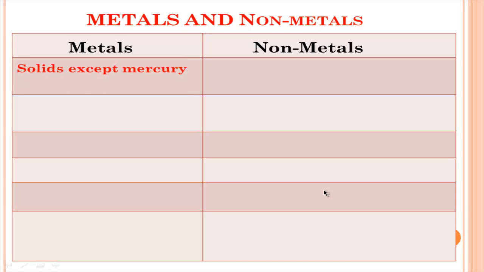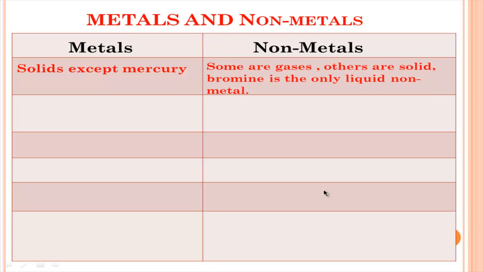Metals are solids except mercury, and all non-metals are gases. Others are solids, and bromine is the only liquid non-metal.